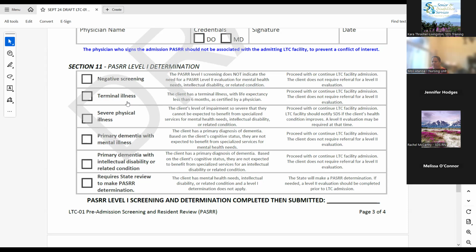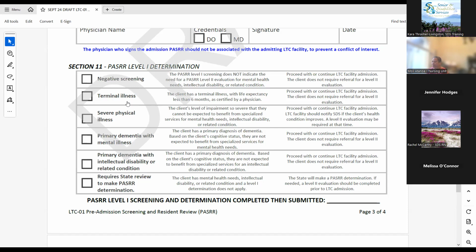For more urban locations, definitely there's plenty of physicians that aren't directly associated with the LTC facility. So we're looking at those signatures to make sure they're not working directly at the facility. In a lot of cases in urban areas, they have a group that's contracted to work at the facility, so they're not directly working for that hospital system.